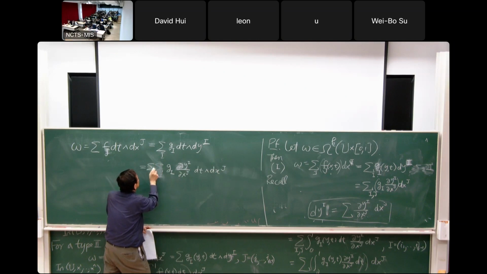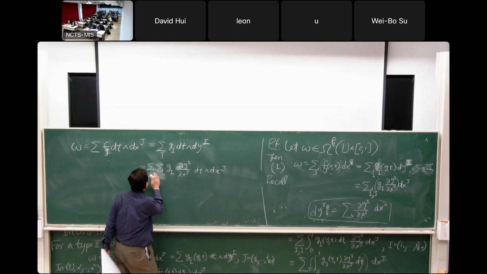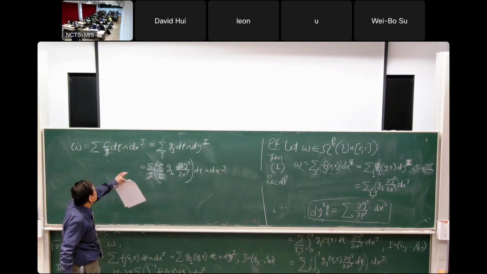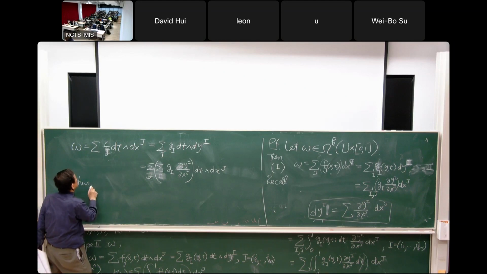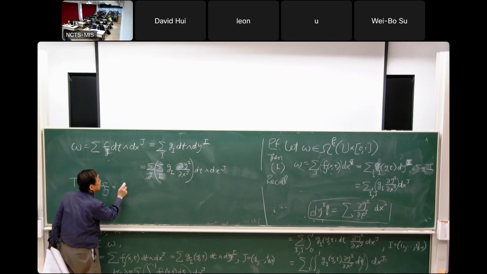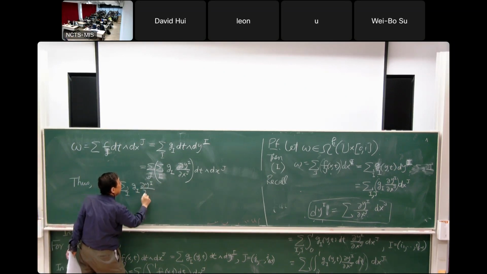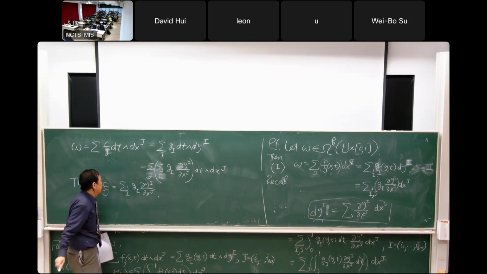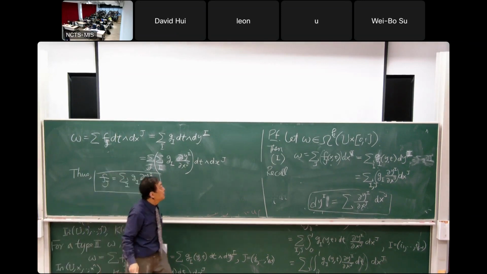So this is a sum over j and sum over I. Okay? So if you compare the two sides of the equation, thus fj is the sum over I of gi dyi over dxj. Okay, so that's how the coefficients are related.